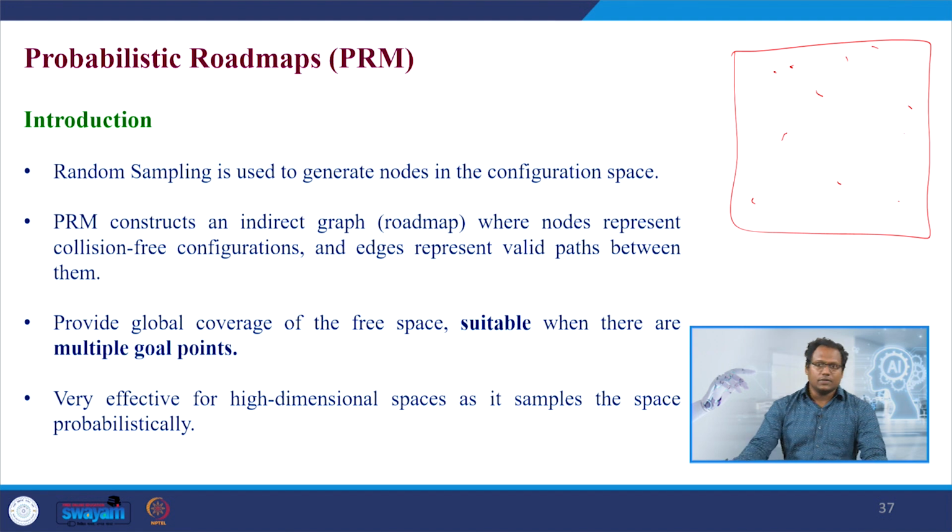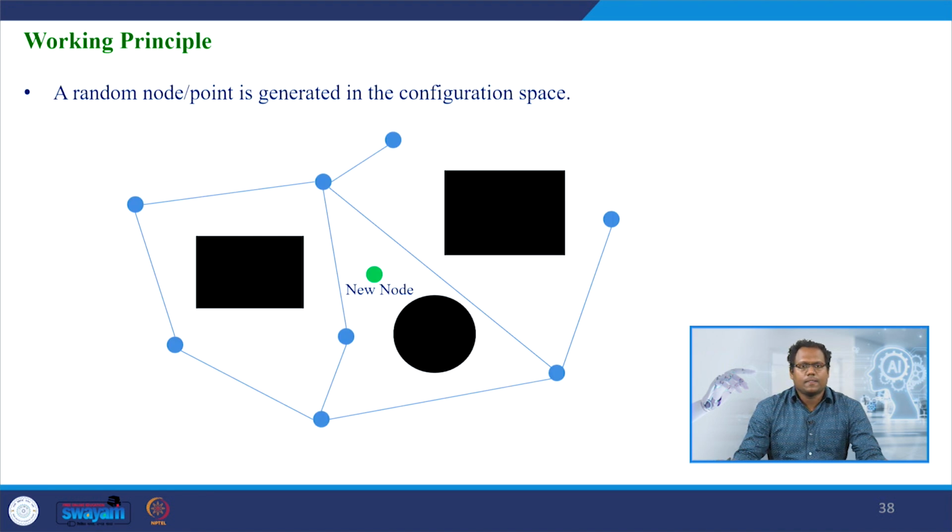Edges are the lines that connect the nodes. And this PRM provides global convergence of the free space, and it is suitable when there are multiple goal points. This approach is very effective for high dimensional spaces as it samples the space probabilistically.